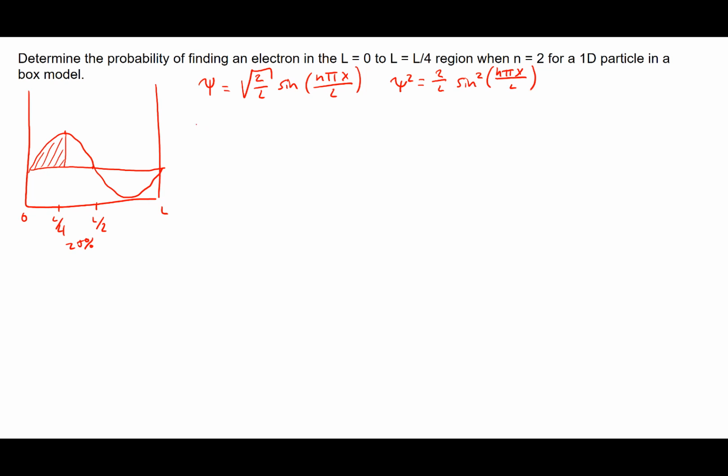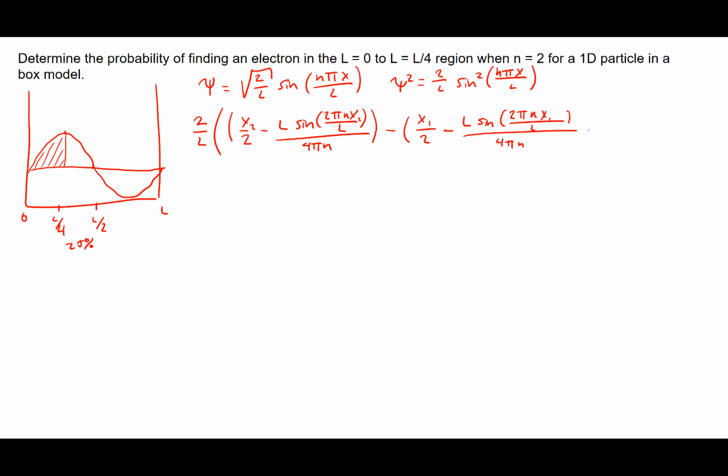If we take the integral of that whole expression, we're going to have 2 over L times, on the one side, x over 2 minus L times the sine of 2 pi n x over 4 pi n, evaluated at the upper limit L over 4, minus the same expression, x squared over 2, sorry, not over L, over 2, minus L times the sine of 2 pi n x over 4 pi n, evaluated at the starting point.